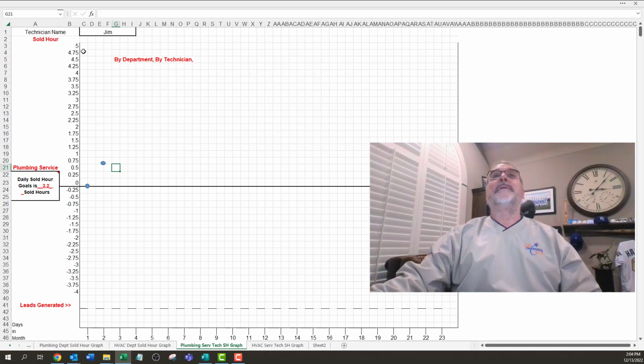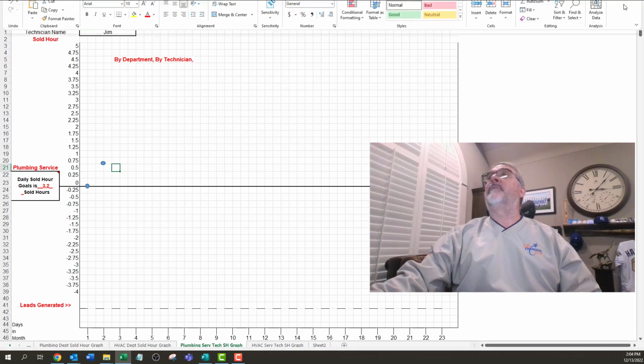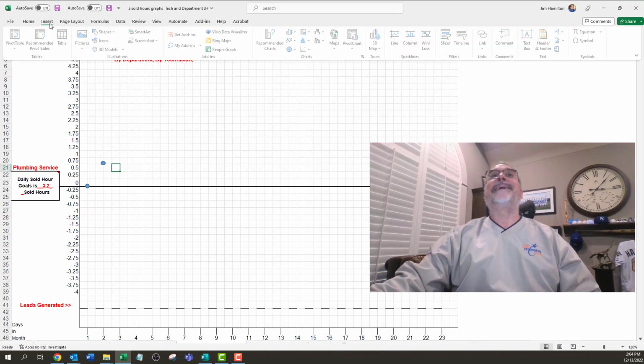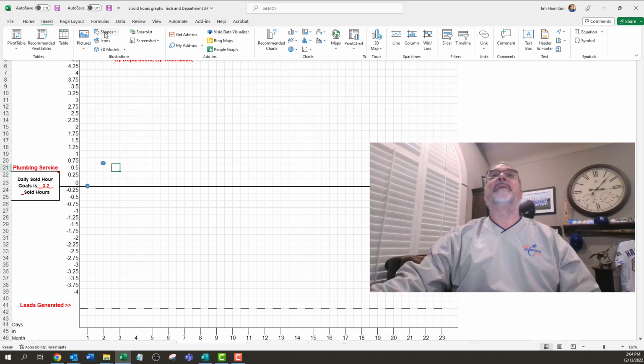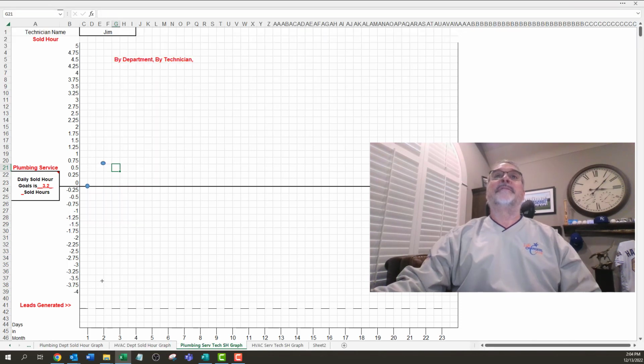But now let's say the third day rolls around and, as the saying goes, stuff happens. Let's say he only generated 1 sold hour for the day. That would be a 2.2 target on day 3, and you'd come up here to 2.2 and put a little circle right down here.